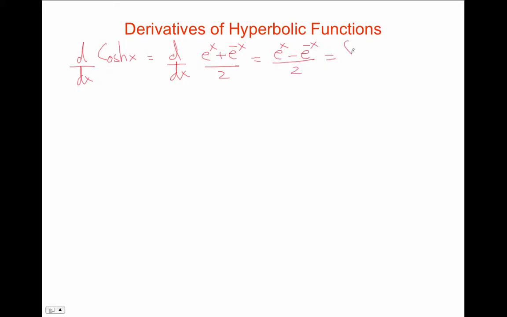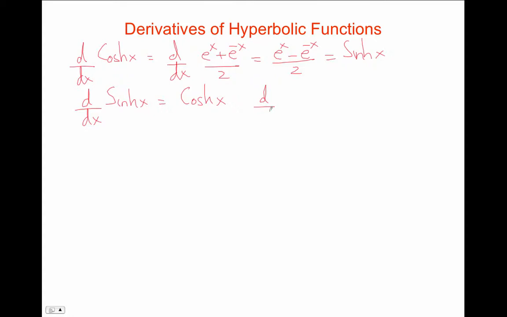And so that is, of course, sinh of x. If I take the derivative instead of sinh of x, the only difference is that instead of this plus sign, I'm going to have a minus sign, and so I will have a cosh of x instead.